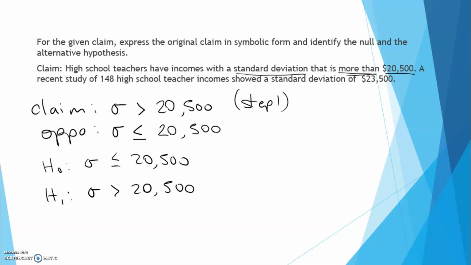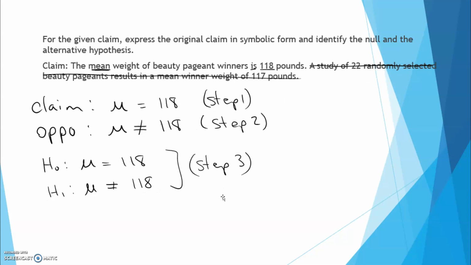Now, which one of these, h sub 0 or h sub 1, was the original claim? Well, the original claim is sigma is greater than 20,500. My h sub 1 is the sigma is greater than 20,500. So this is my original claim right here. That's going to help us in later steps. If we went back to this one, well, which one of these, the null or the alternative, was my original claim?